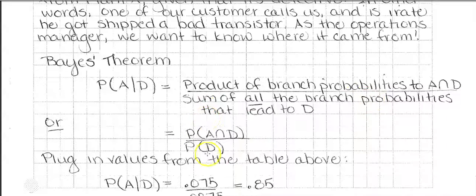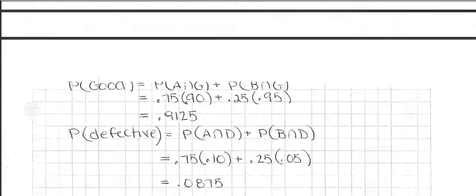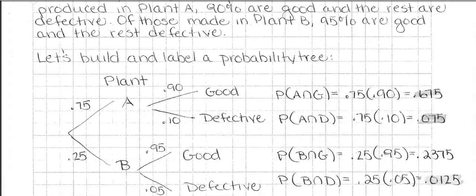Here's another way of looking at Bayes' theorem. Okay, so we want to find the probability of A and D on top, and then all the different ways to get to D. So let's go back up to our tree here. We want to find A and D, and we can see that's this branch that goes through A and then defective.